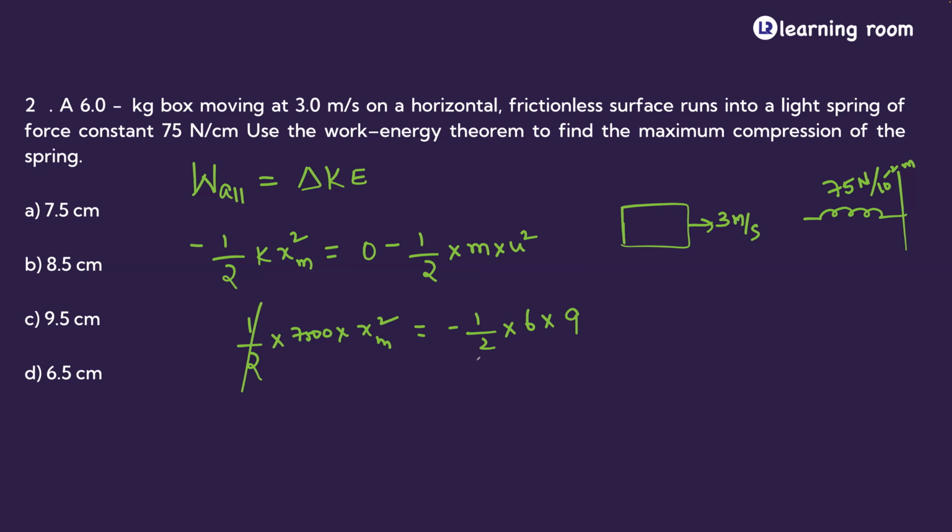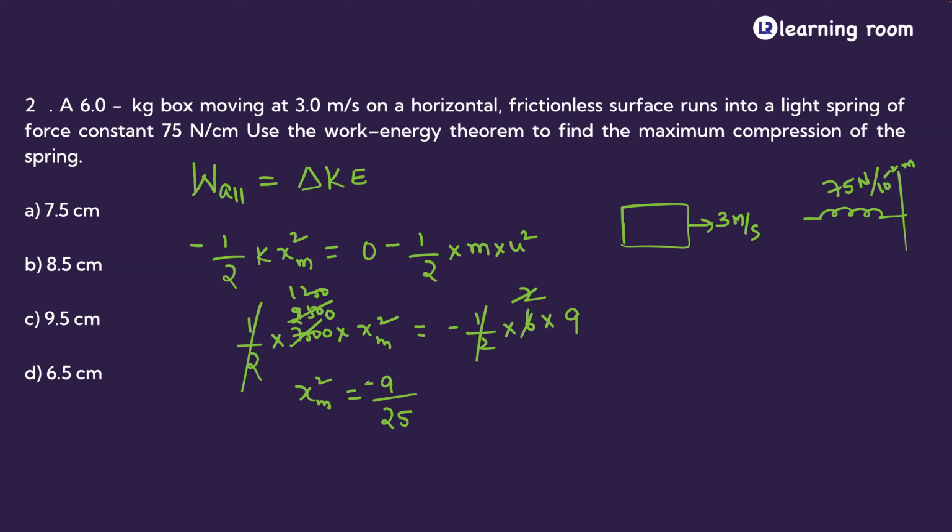So half and half are gone. This will get cancelled 2500 times with 3, and this will get cancelled 2 times. Again, this will cancel 1250 times. So xm square is equal to 9 divided by 25, and there will be a minus sign.